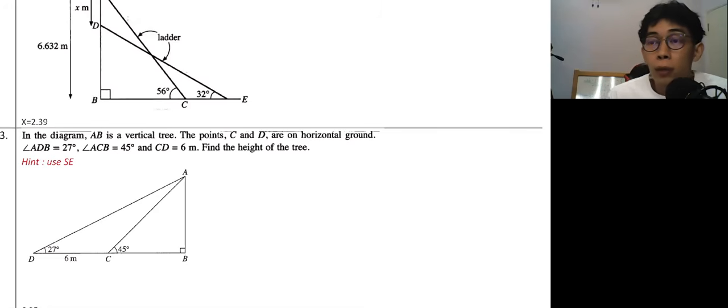Some students don't know that it's isosceles, so they might put x and y for BC and AB. But if you know it's isosceles, you put x and x. Now continue. If you have an answer, you type it to me.